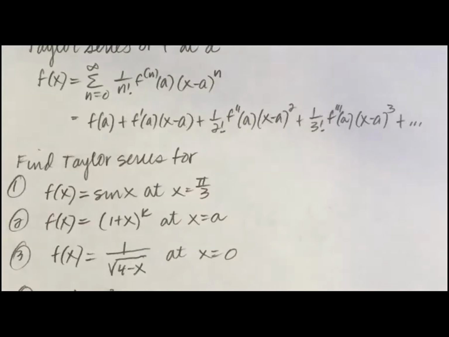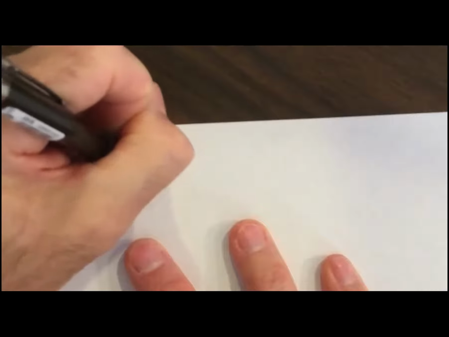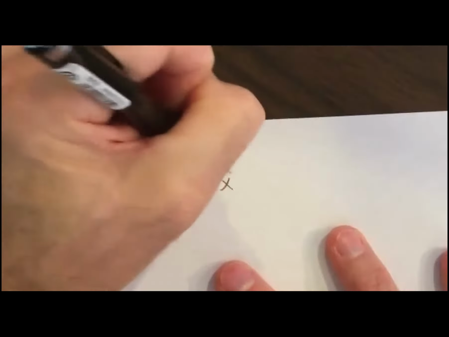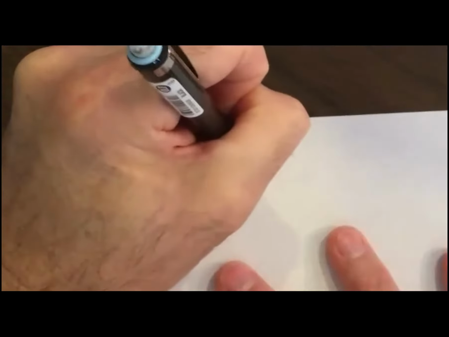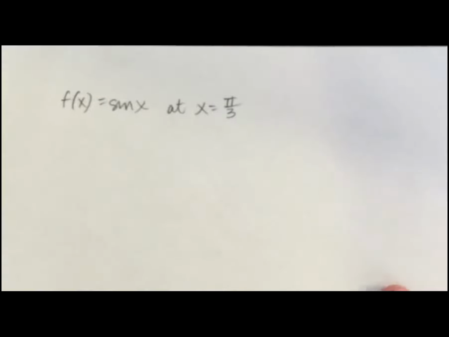So let's see if we can do that for sine x. I'm going to just start on a clean piece of paper. Say f of x is sine x, and then we want it at x, or a, I suppose, equals pi over 3. So I'm estimating sine x at pi over 3.